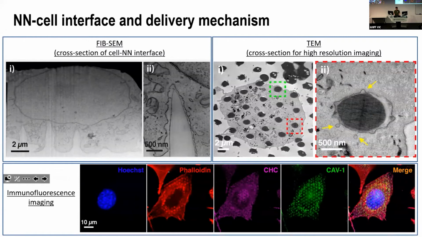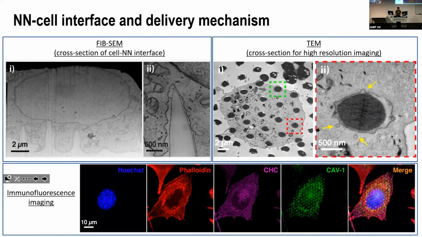Basically, we do a milling of the sample, and then we can see the cross-section of this nanoneedle-cell interface, and we can see the deformation caused by the nanoneedles. With a closer look, we can see the ruffling of the cell plasma membrane. This can potentially indicate that the nanoneedle will influence the intracellular signaling and thereby enhance the messenger RNA delivery.